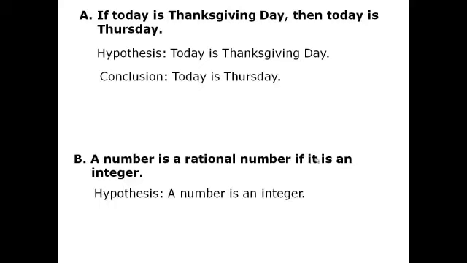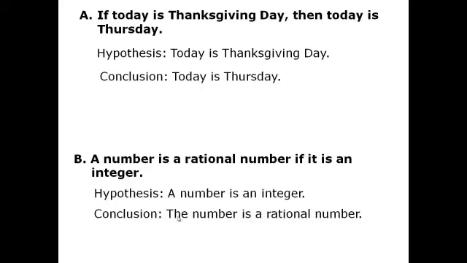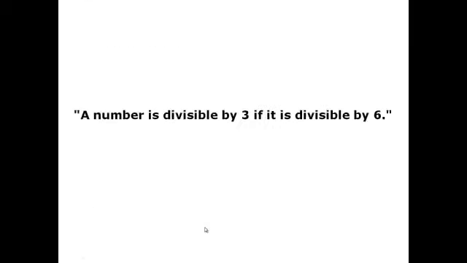So we say what it does refer to, and in this case, it refers to a number. So a number is an integer is the hypothesis. The conclusion is that the number is a rational number. That's the then part of this statement.